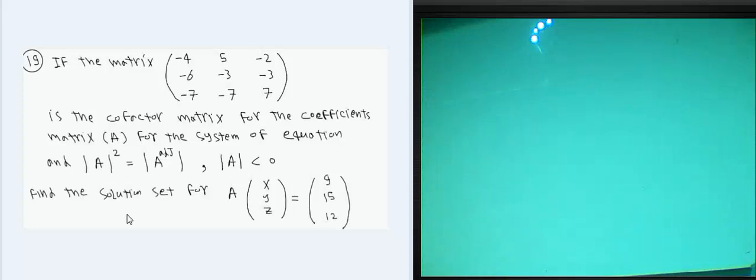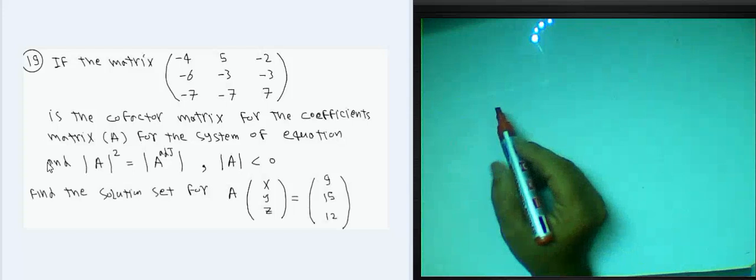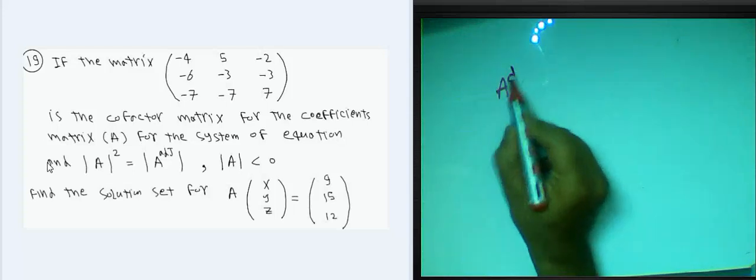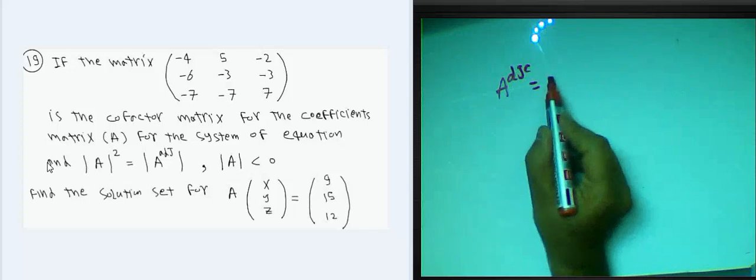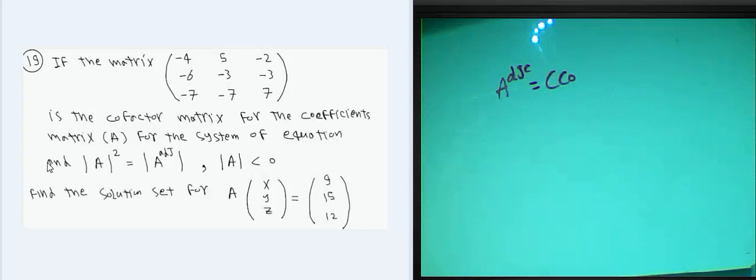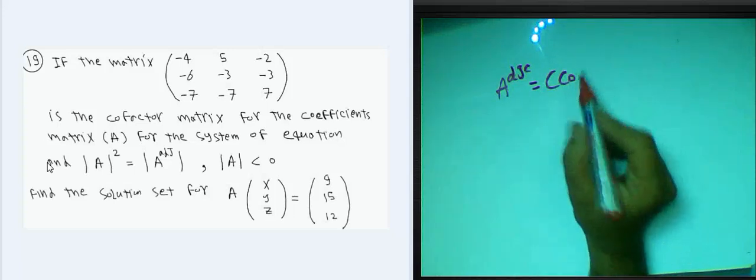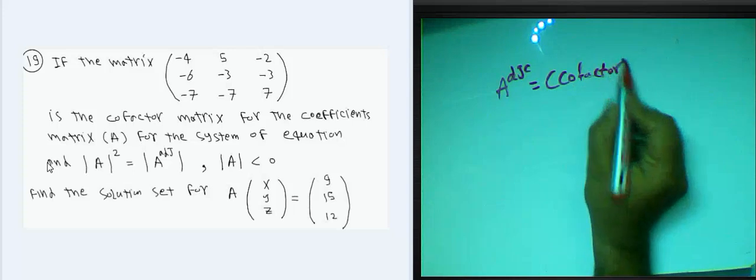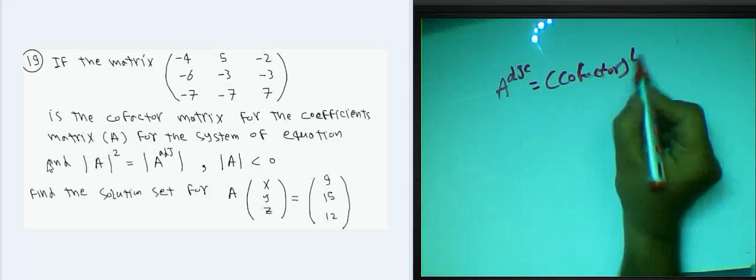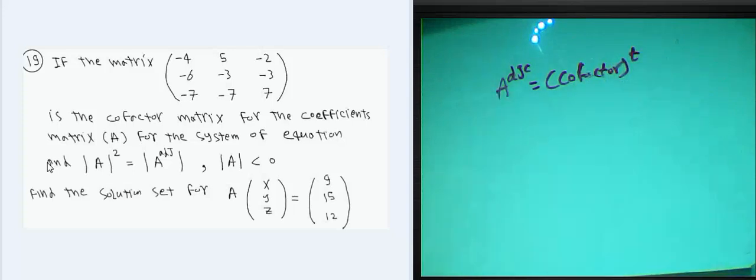He gives us this information: the cofactor matrix for the coefficient matrix A. Okay, you can write A adjoint. It means A adjoint equals the transpose of the cofactor.